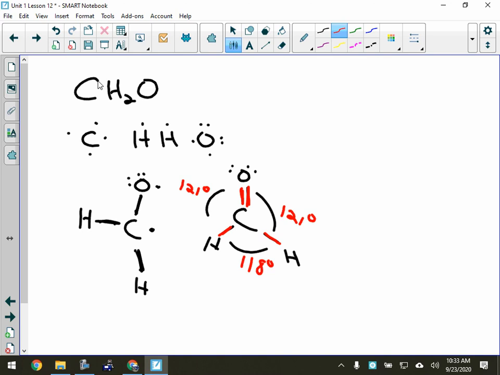Does that make sense? Like I said before, I kind of skipped this part: AX, X, X, yes? So AX3 is what I would call this. And as soon as I put down AX3, I say it's trigonal planar, which of course we know because we're doing that under this example. But when you're doing homework today, that's what you're going to do. Trigonal planar. And then because this one has a double bond there and a single, 121, 121, 118. So those push a little bit more.